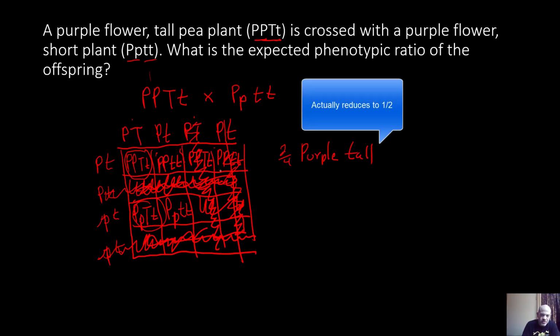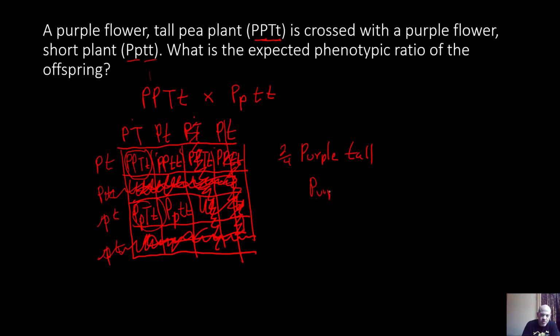And the other one looks like it's purple but short. And the other one is also purple and short. So that again is 2 out of 4 as far as phenotypic ratio goes. So what is our final answer here?